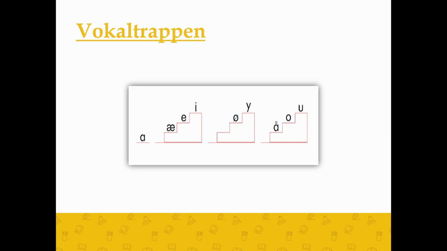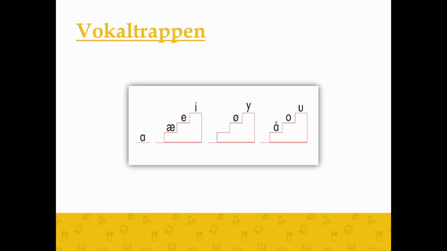This is identical to the other staircases. So if we have the vowel Y, it's pronounced just like that with one consonant. But if it has two consonants, it takes one step down the staircase and gets the sound Ö instead.